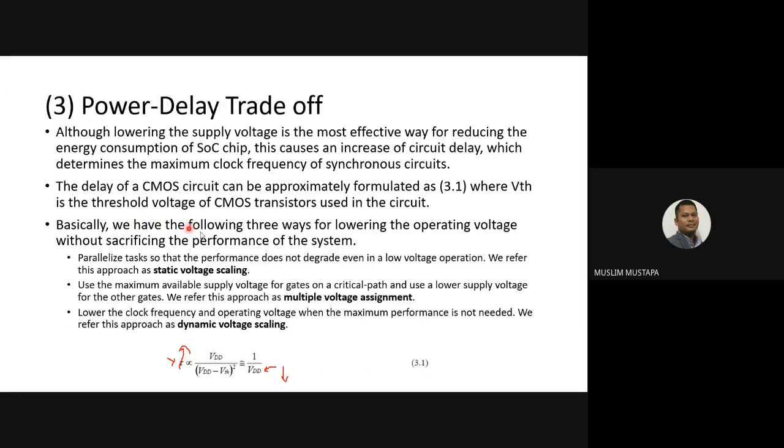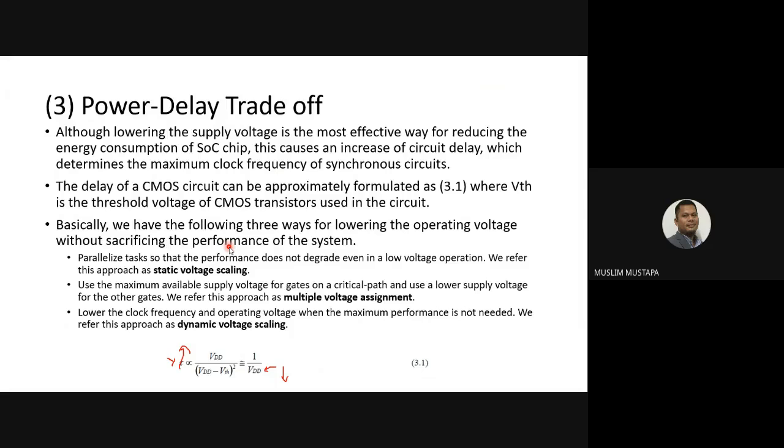Basically, we have the following three ways when we talk about the power delay trade-off. There are three ways for lowering the operating voltage without sacrificing the performance of the system.